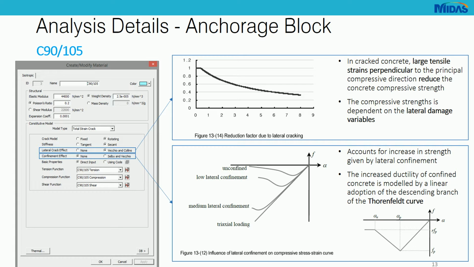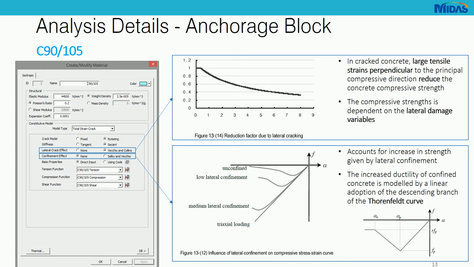And also, if we have confinement, we can also consider the confinement effect. So we can consider that the strength of the concrete is increased due to lateral confinement, and for this a linearized Thorenfeldt curve can be used.